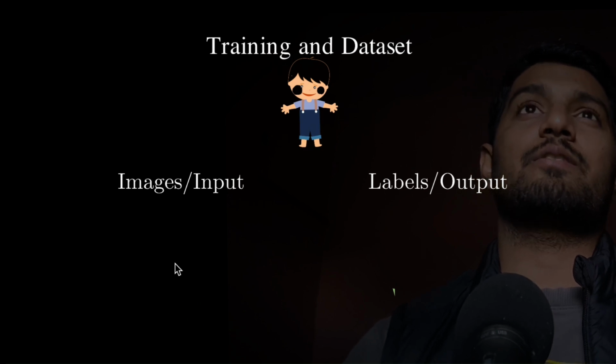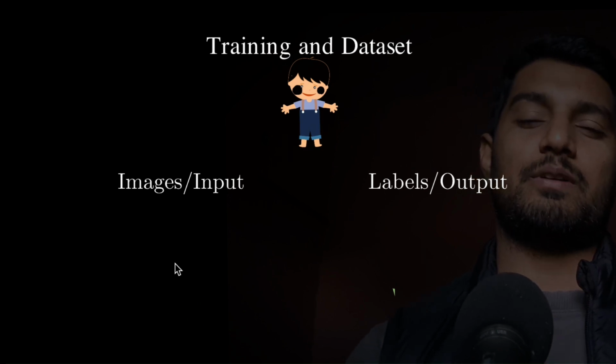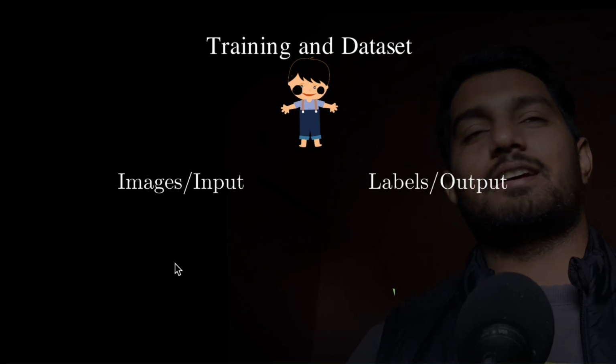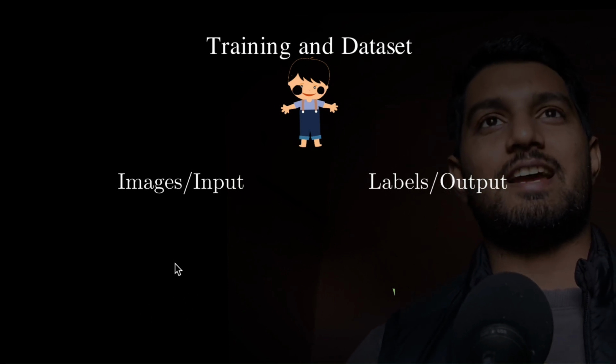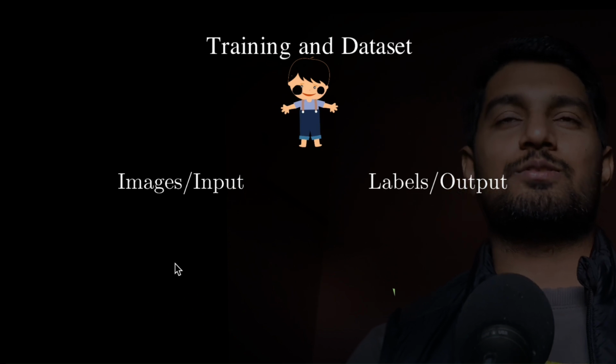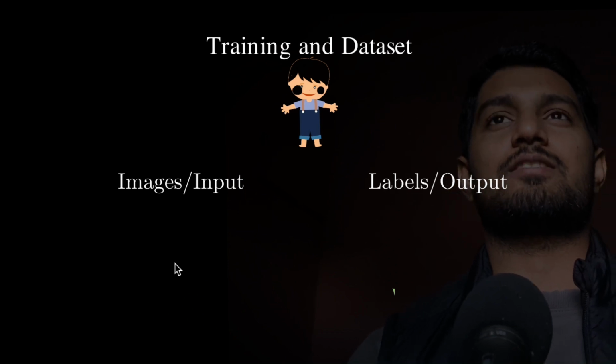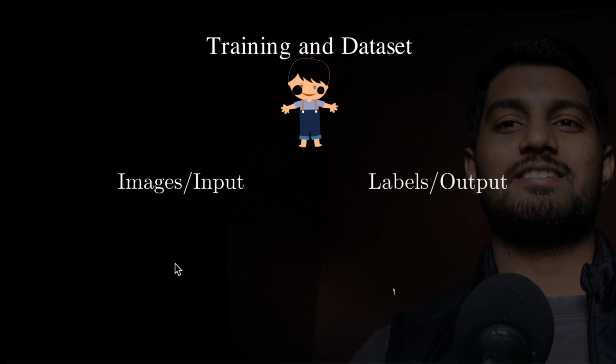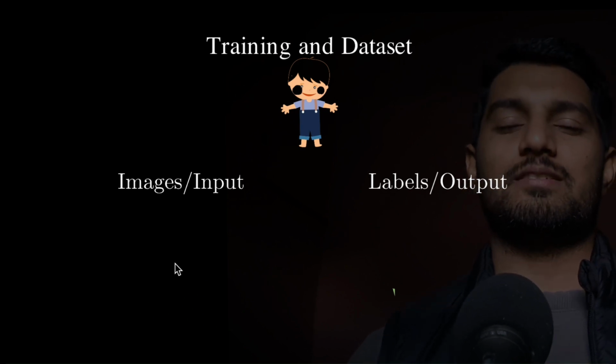In future, it doesn't have to look like the same dog, but if it has any slight features of a dog, the child will see it and say dog. If a little child sees a dog for a long period of time, and suddenly you show him a fox, he will still say it is a dog, because for the first time he is seeing the fox. That's how humans learn.